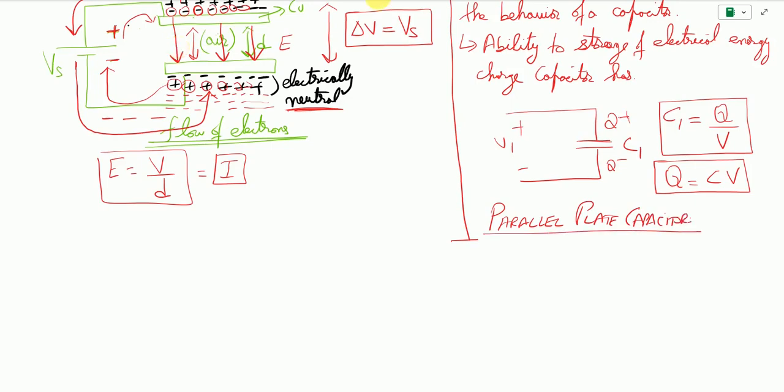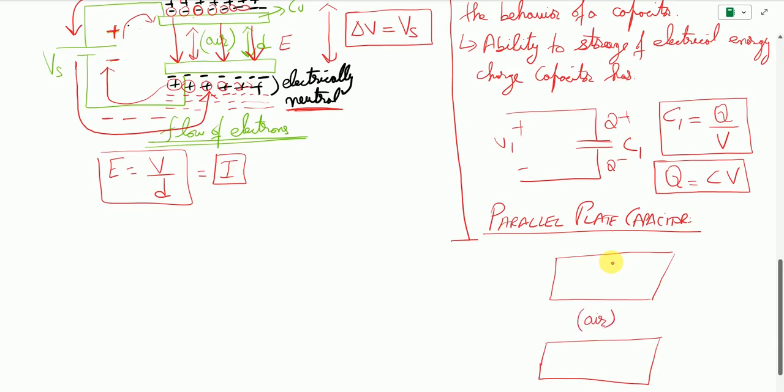Let us say I have parallel plates over here. The name comes from its shape, and in between we can have either air or fill it with any dielectric material. Obviously this is the dielectric material.